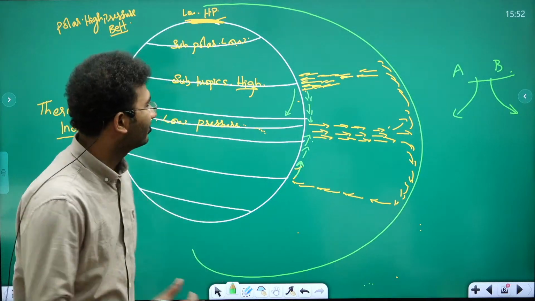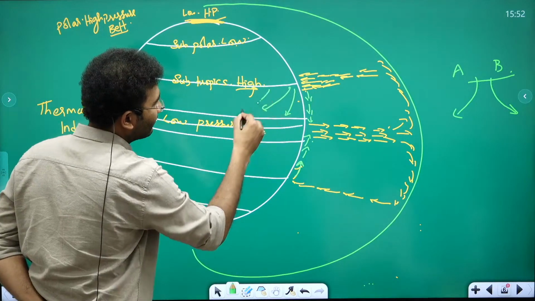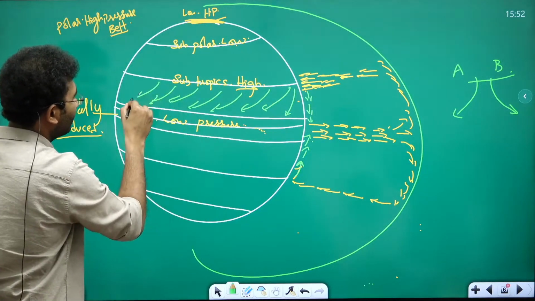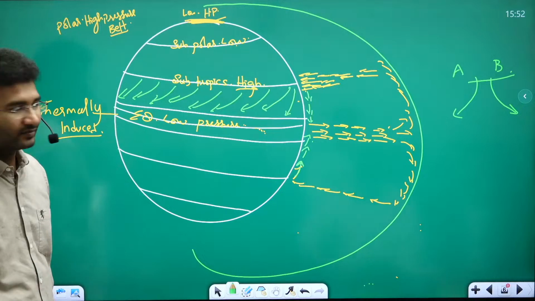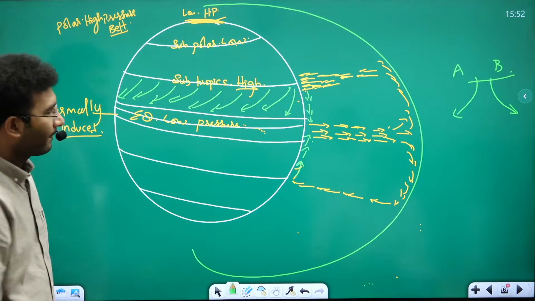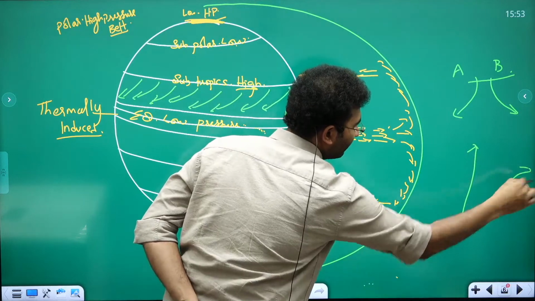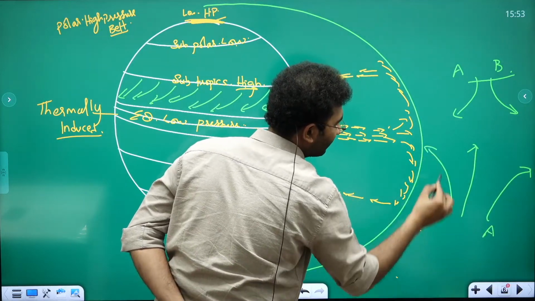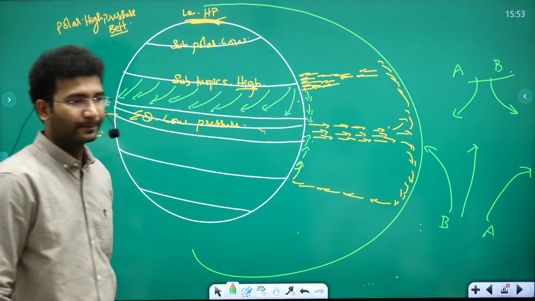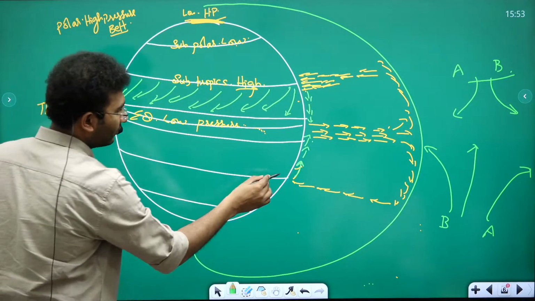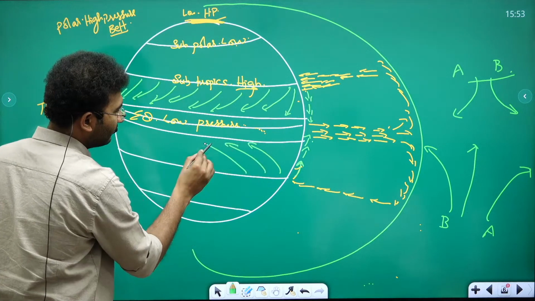A, right? So this is how the wind movement is. In the southern hemisphere, if the wind is moving in this direction, will it move in direction A or B? B, right? The deflection is towards the left. So the wind moves like this.